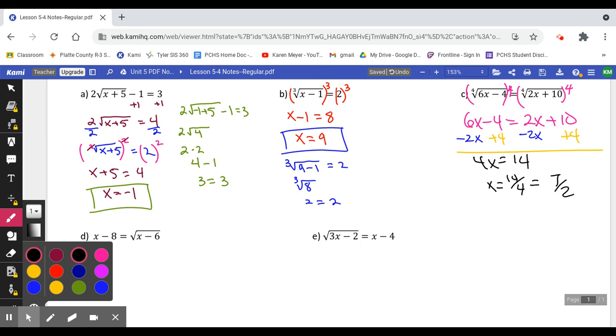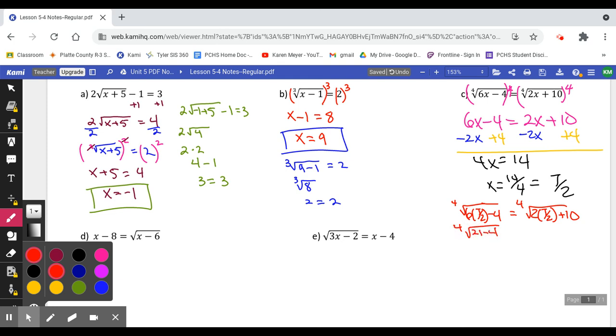And then you have to check that to see if it works out. So for checking, I got the fourth root of 6 times 7 over 2 minus 4. Does that really equal the fourth root of 2 times 7 over 2 plus 10? Okay, 6 times 7 over 2. Well, 6 times 7 is 42. 42 divided by 2 is 21.